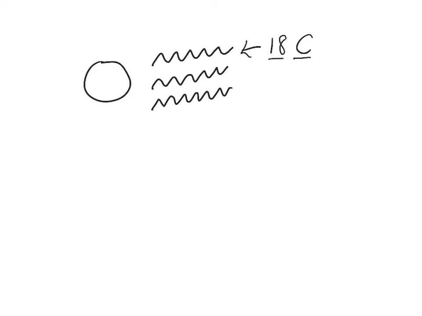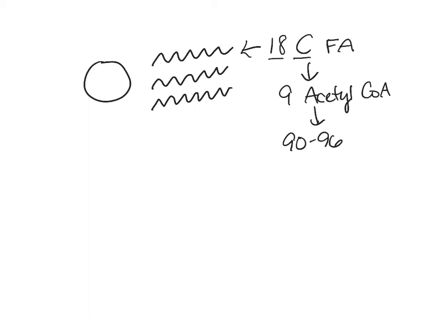So from one 18 carbon fatty acid, that would yield 9 acetyl-CoA. And from 9 acetyl-CoA, that will yield around 90 to 96 ATP from one fatty acid tail. Now that is 1.3 times more than glucose gave us.